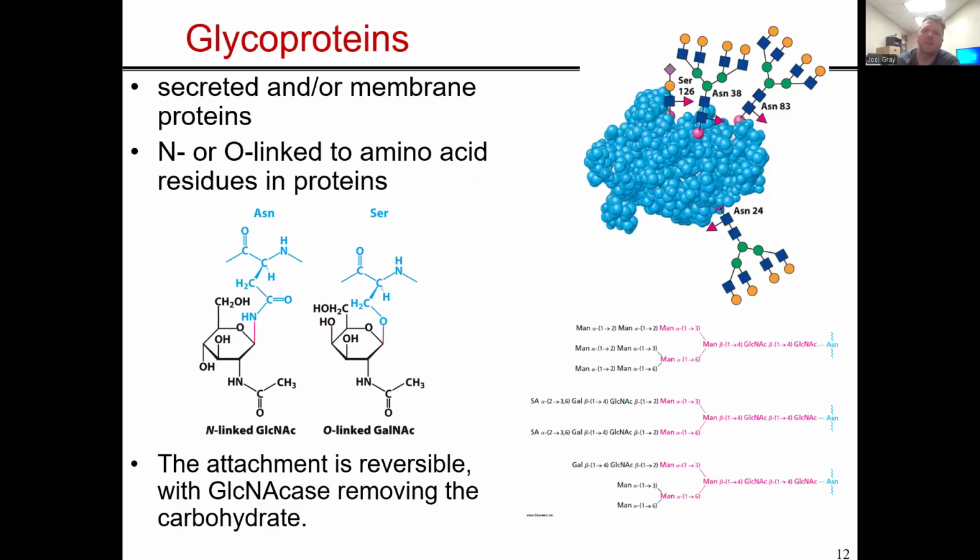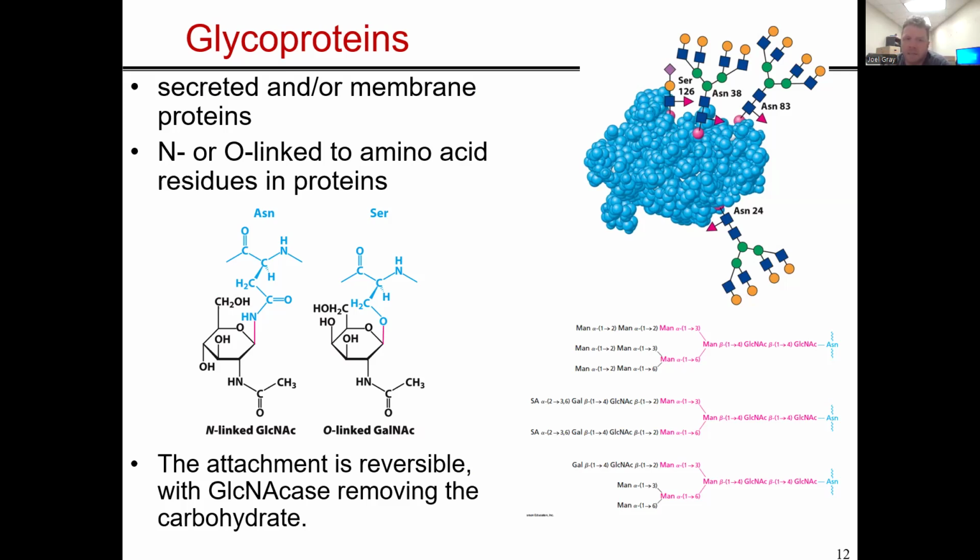Now, glycoproteins are secreted or they're membrane proteins, and these have some pretty cool and complex structures. They are N linked or O linked to an amino acid.